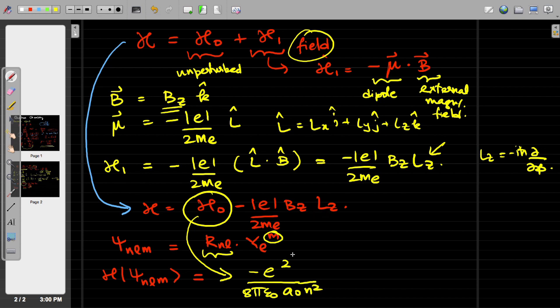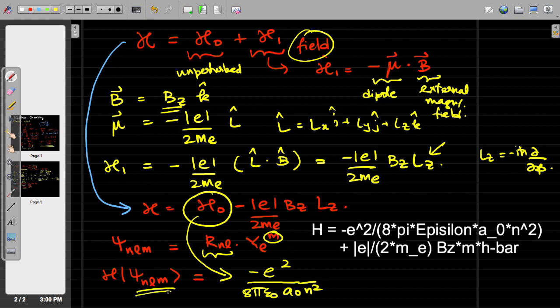And then when you apply minus mod e by 2me Bz Lz on psi nlm, it is going to give you m h cross psi nlm.